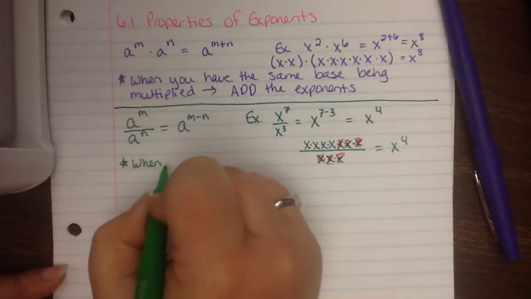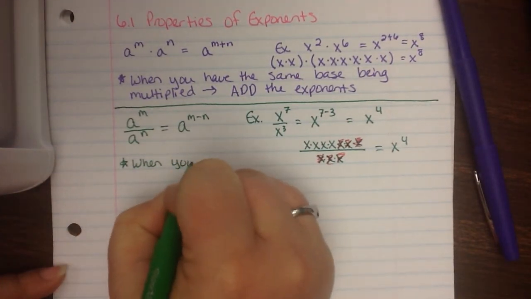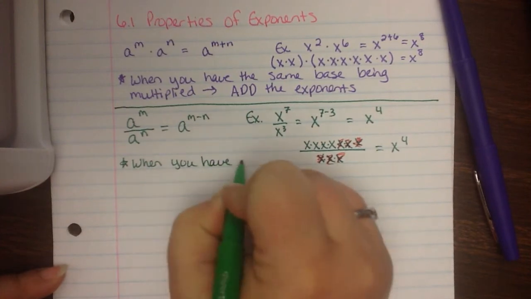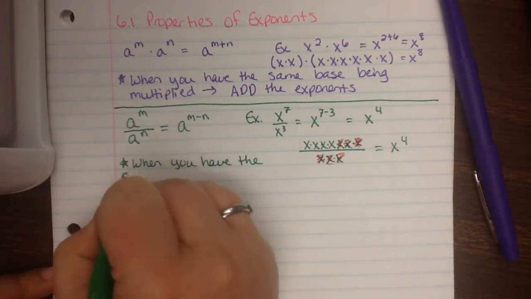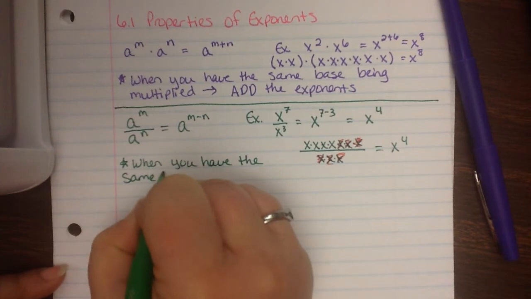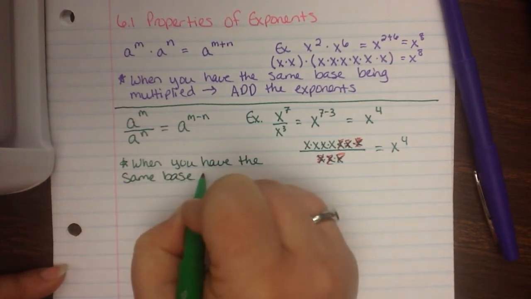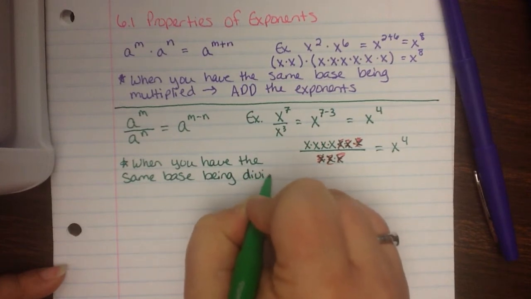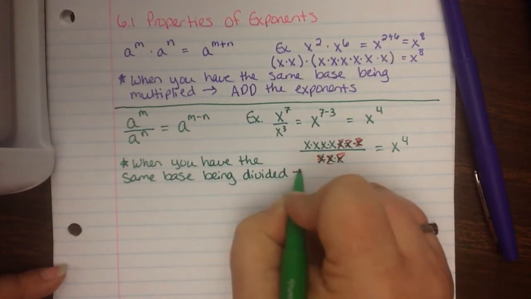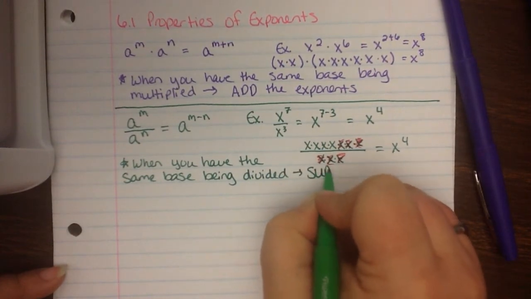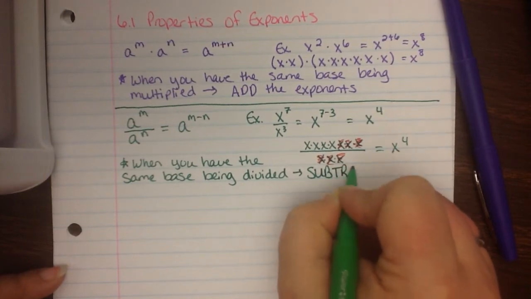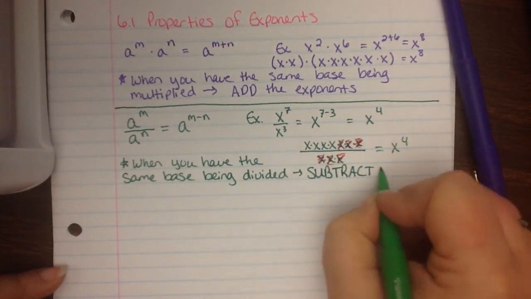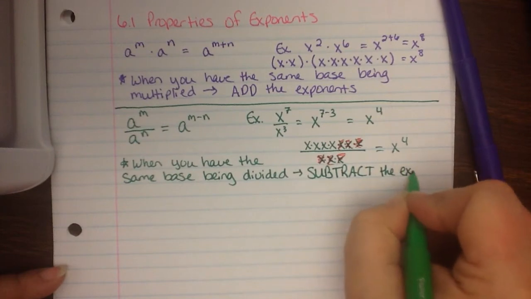So this is when you have the same base being divided, you subtract the exponents.